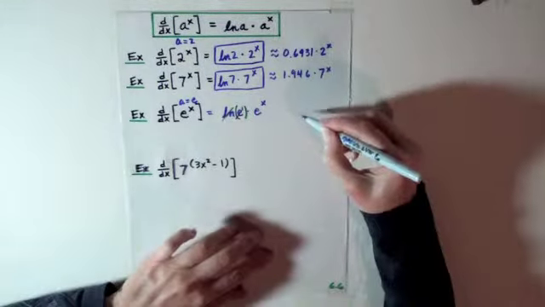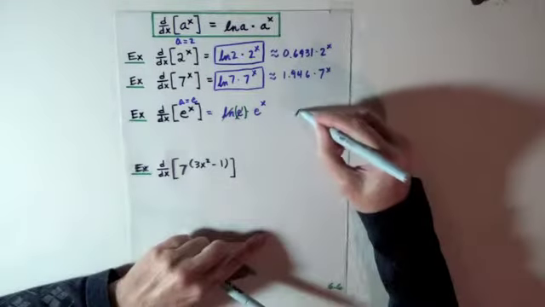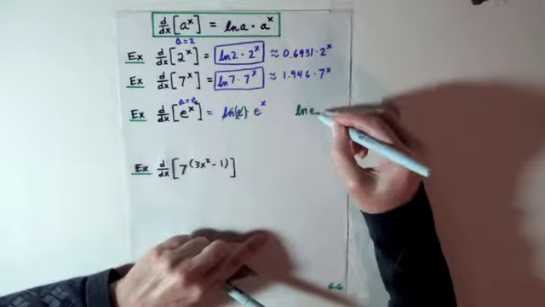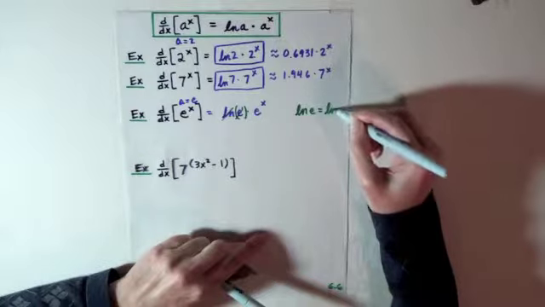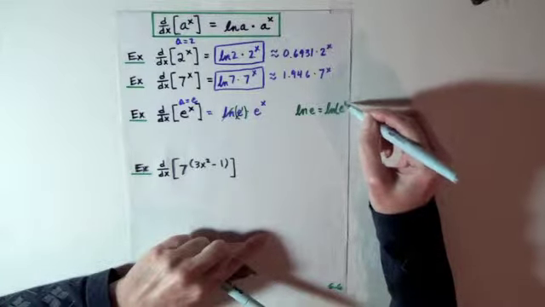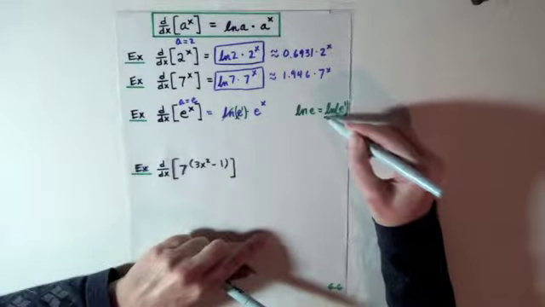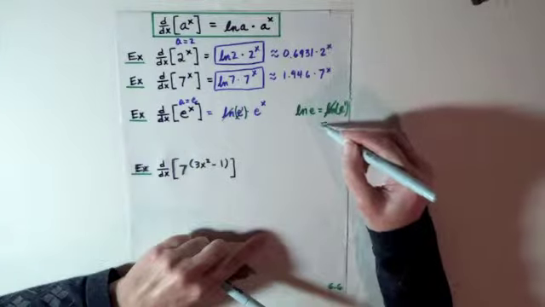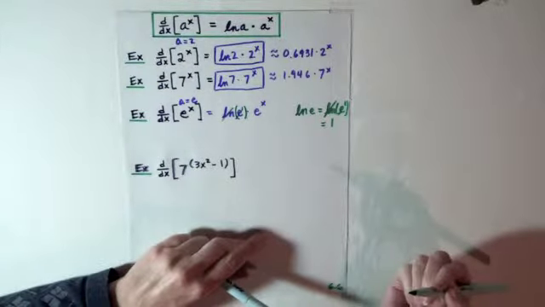So ln of e is the same thing as ln of e to the first. These two things undo each other, so that's just the number 1.